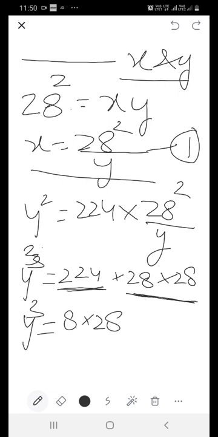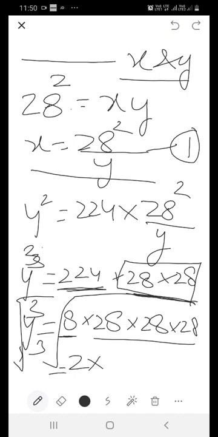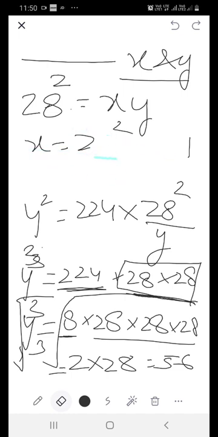Just because from here I have come to know that there must be one more 28 in order to find cube root, 28 into 28. Now take cube root on both sides. You are going to get a pair of cube root of 28 cube, and this is 2 cube. So your cube root will be 2 into 28, that is 56. So the value of y is 56.